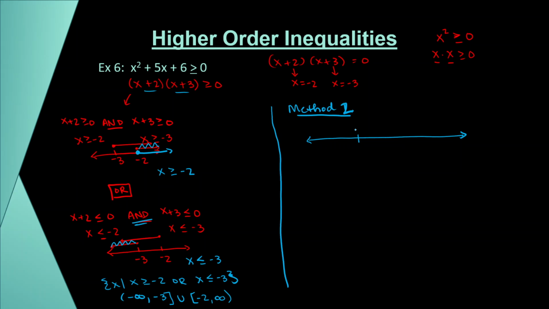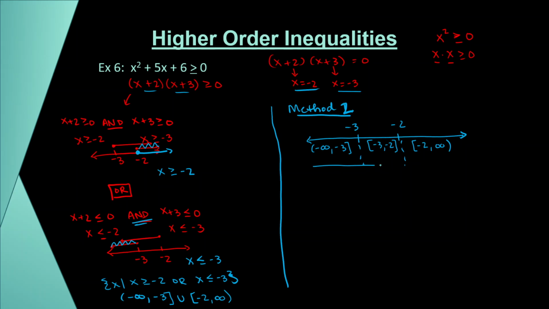So I'm going to start with a number line with these two values of interest on it. And we notice that that breaks the number line up into intervals. So I'm either going from negative infinity to negative 3, from negative 3 to negative 2, or from negative 2 to infinity.